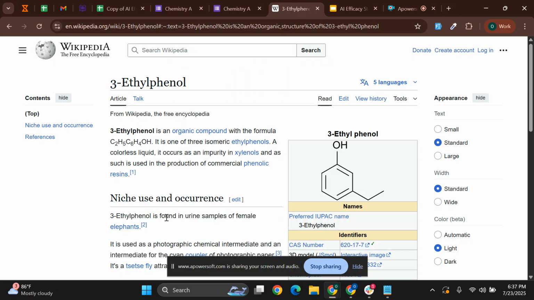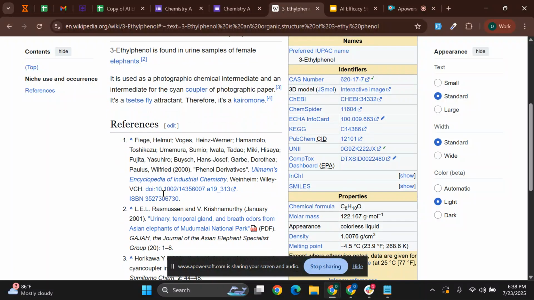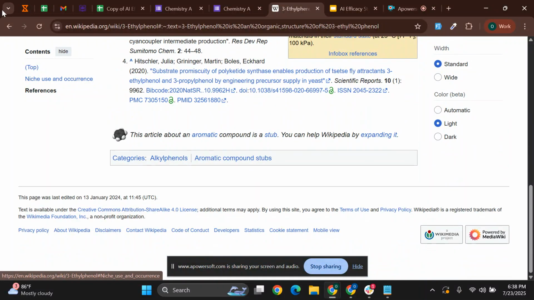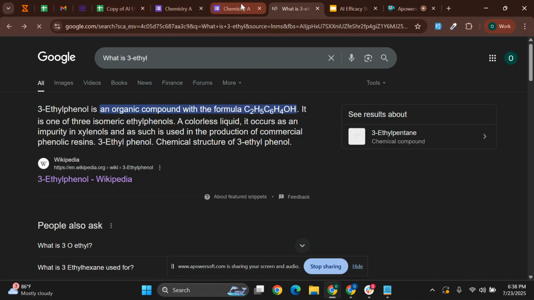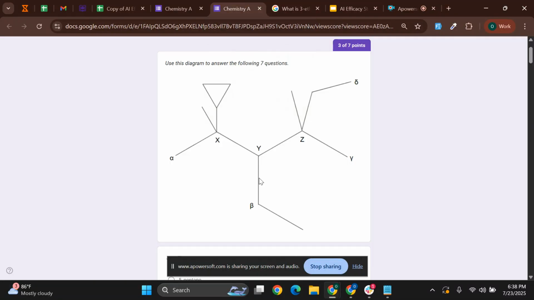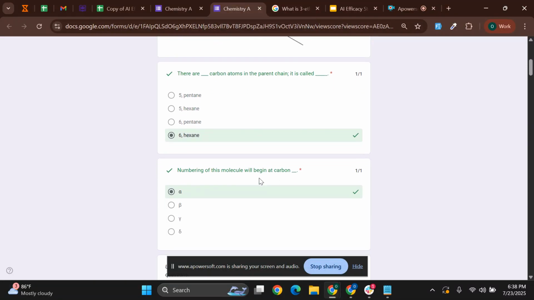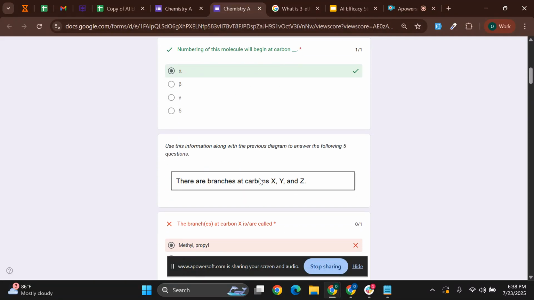It occurs as an impurity in xylenols and as such is used in production of commercial phenolic resins. So nothing much about this. So let's get to another one.